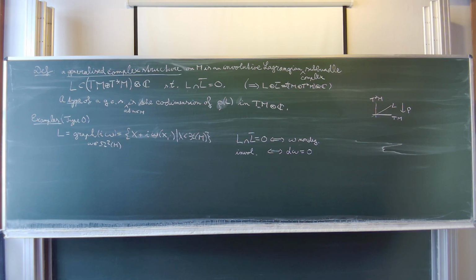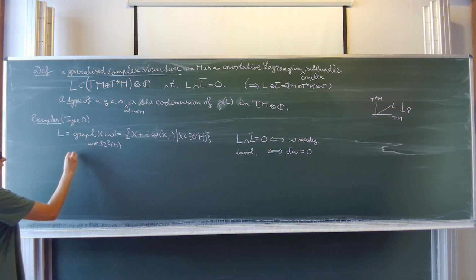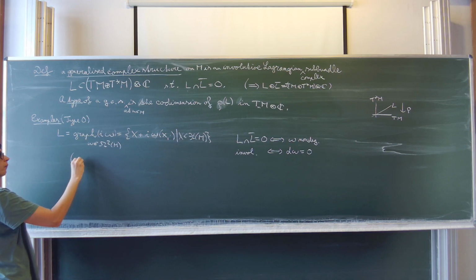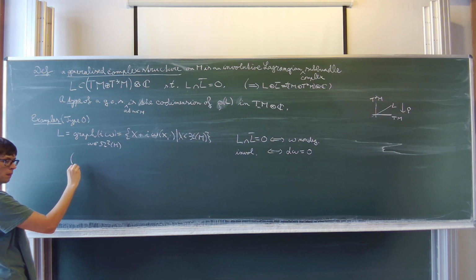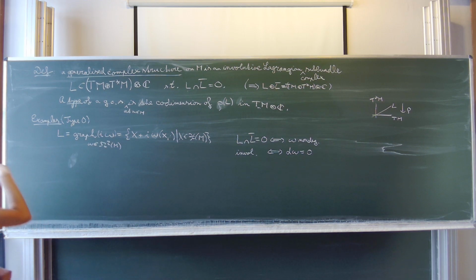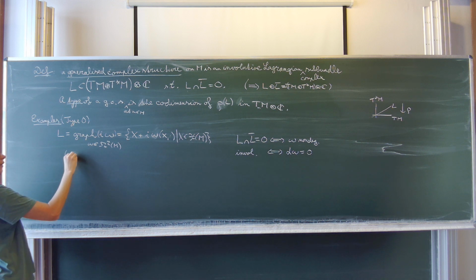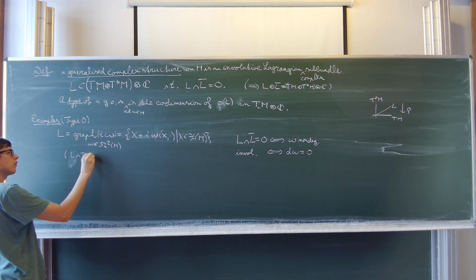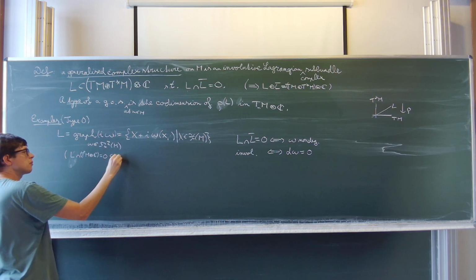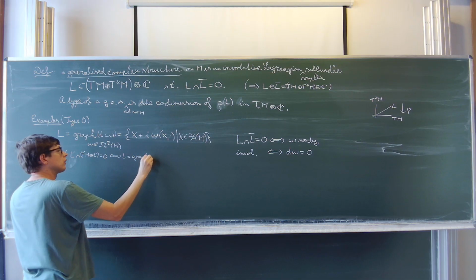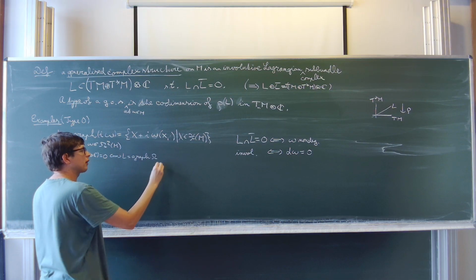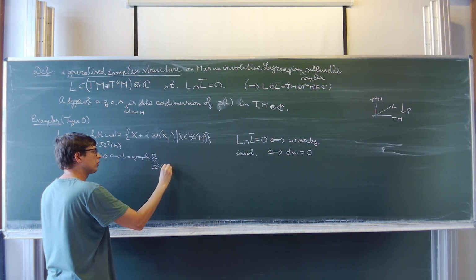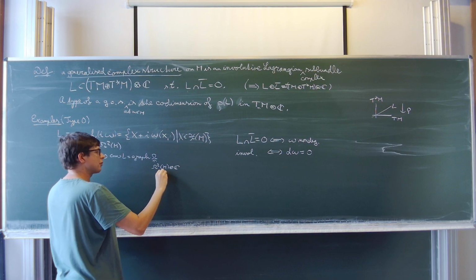In fact, the general claim is that if you want L to have zero intersection with the complexified T M, maybe T star, I think this is the same as saying that L has to be the graph of some capital Omega, which is a complex two form with non-degenerate imaginary part.